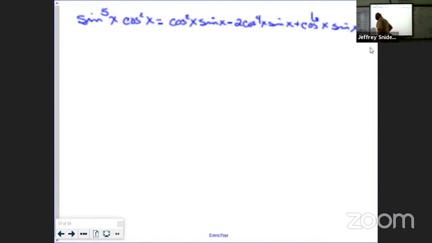So tell me what you did first again. So I changed the left side to sine x times sine to the 4th x times cosine squared x. Okay. And then I wanted to make the other side equal to that. Okay. So then what did you do on the other side then?